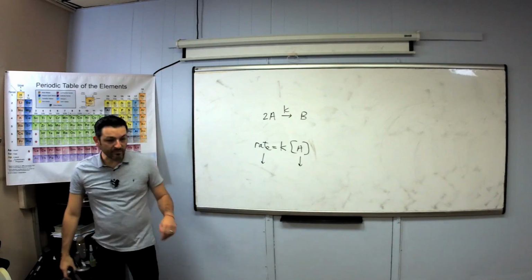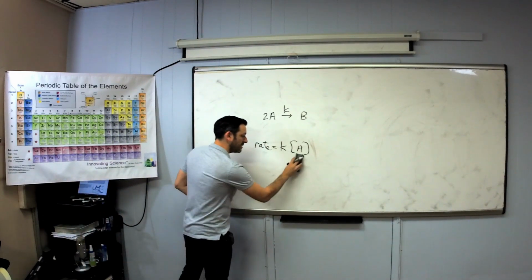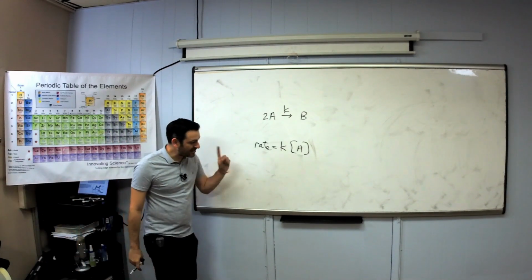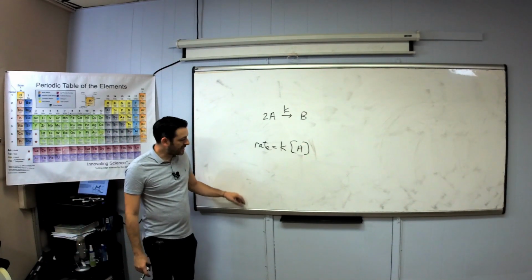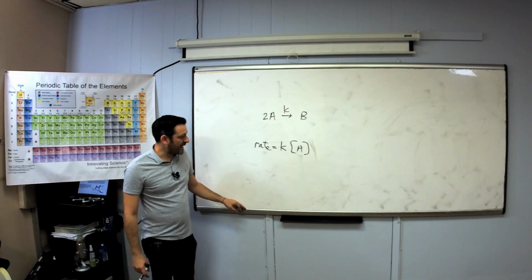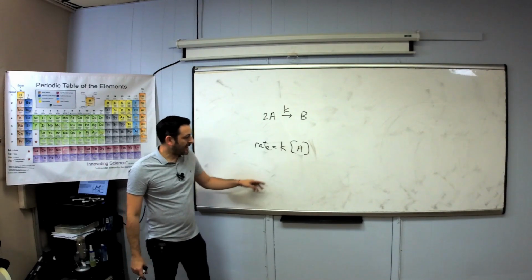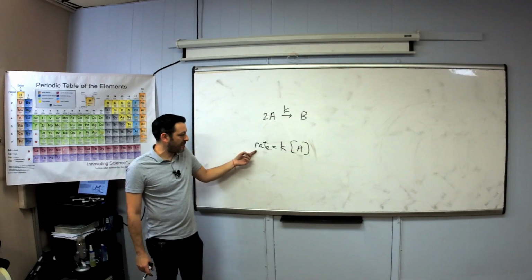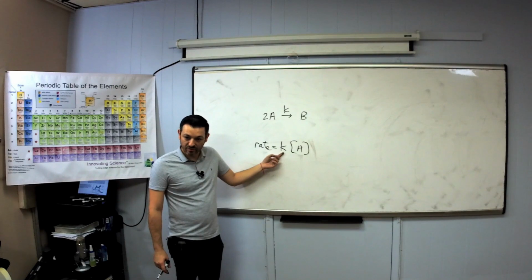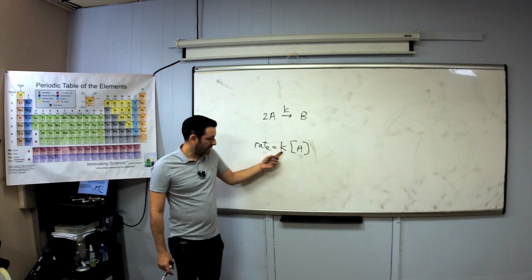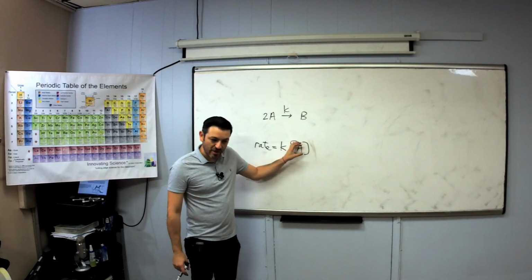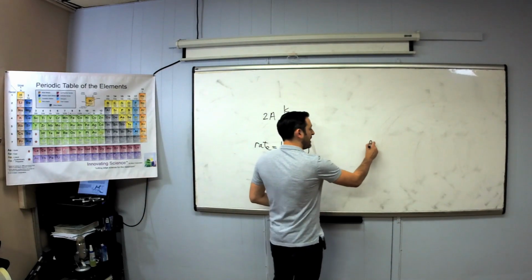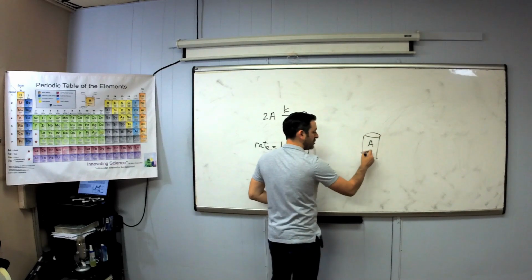Then in Gen Chem, we're very close to starting nucleophilic substitution. Then in Gen Chem, we said, okay, what if you had two different reactions? And they had the same kind of reactant, let's say. Any reaction with a bigger rate would have a larger K value. Are you with me? So if you have the same concentration in two different flasks, for example, let's say I have A in this flask, and it's 1 molar.